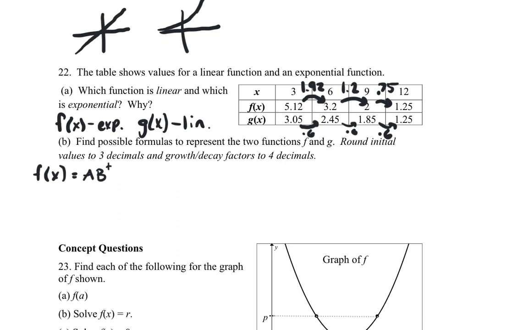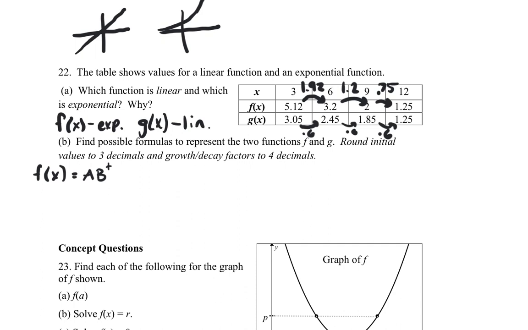Unfortunately, we do not know what a is, because we don't have a starting value. We have 3 and 6 and 9. And we don't know what b is because we don't exactly have the rate given to us. So we're going to have to do a little bit of math to figure it out.